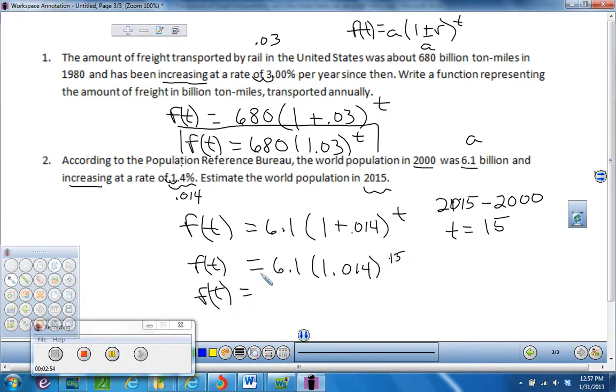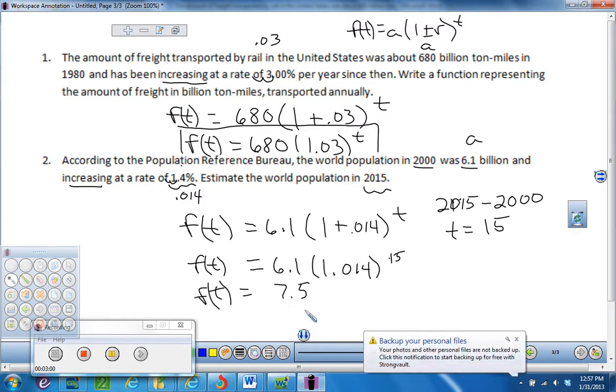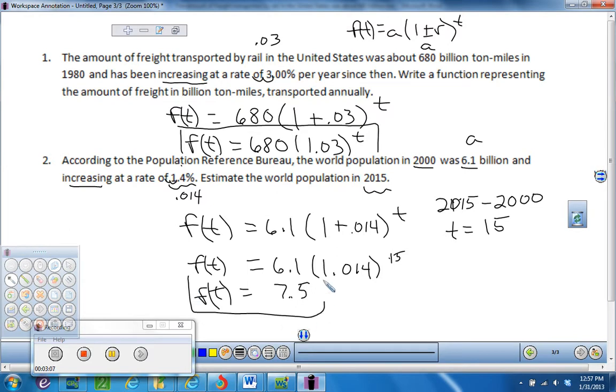Alright, so we're going to end up with 7.5. I just rounded to 1 decimal place since we started out with that. So the population in 2015 should be 7.5 billion based off of this model.